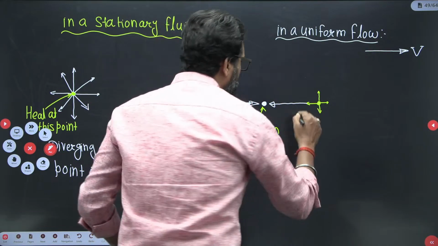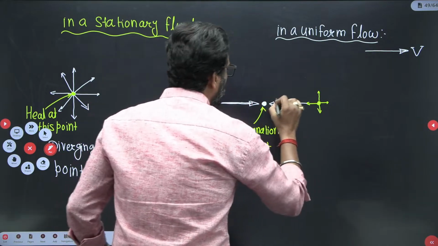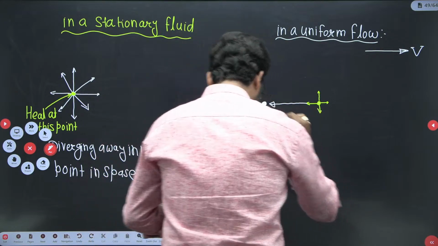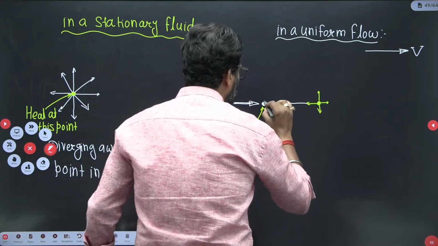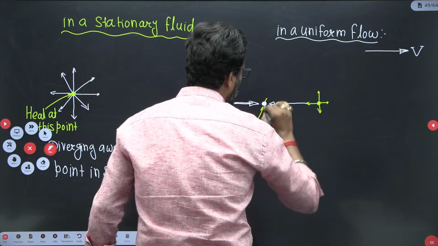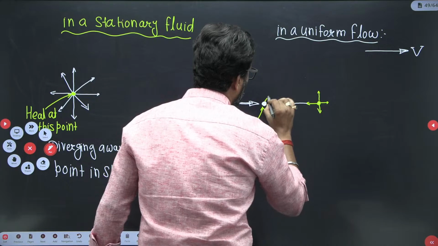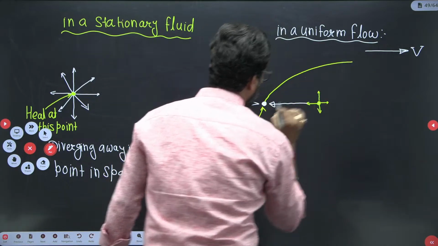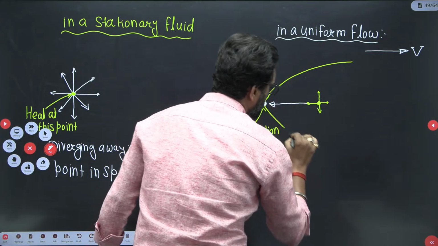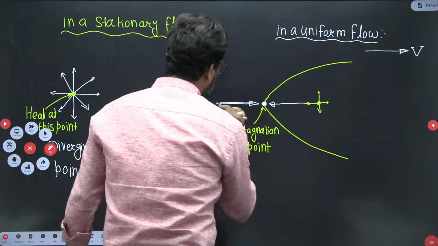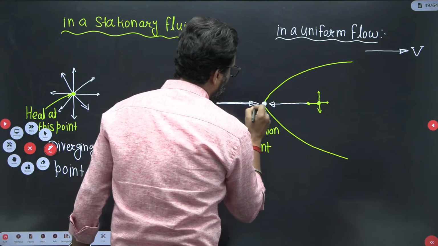So, my dear, there must be a divergence. So this fluid will diverge like that. At this fluid, there is stagnation. So the flow is like that. At this point, it is like that. Okay. So it will intersect at this point.